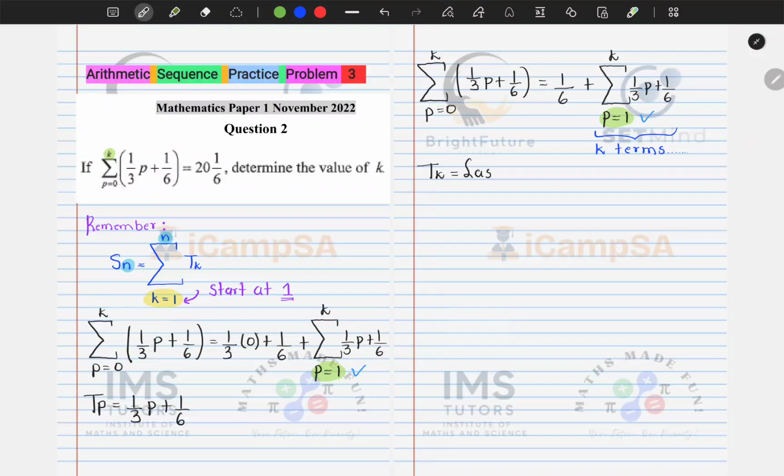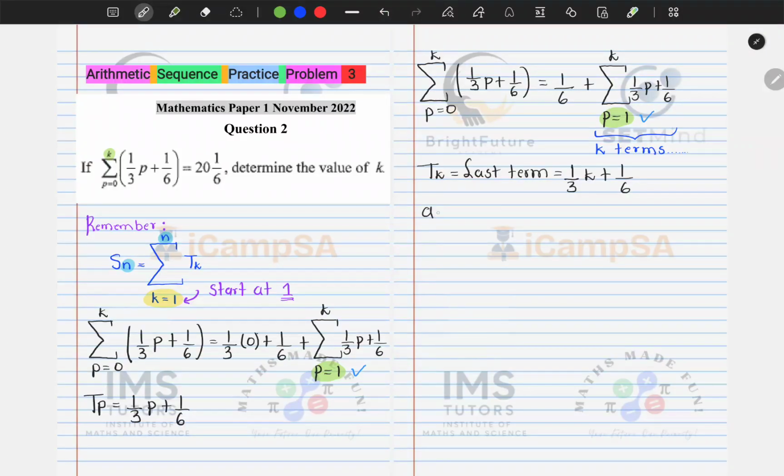Tk, if you think about it carefully, it will be the last term. And the last term will just be us putting k wherever we see the p. Remember, this is tp. So it will just be 1 over 3 times k plus 1 over 6. And then the first term of the series, we just need to put in 1.